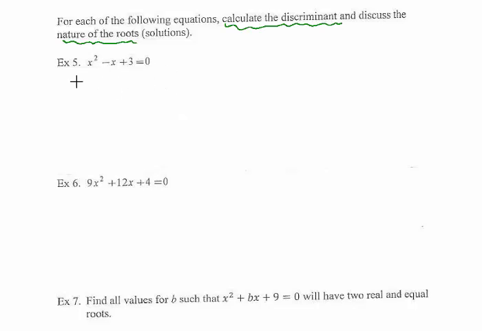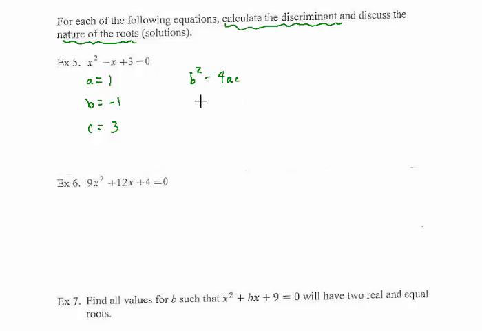So we still have to pick out our a, which in this case is 1, b is negative 1, and c is 3. And while we're reading out these coefficients, we still want our equation to be in standard form. It was already in standard form. We pick out our coefficients, and now we just focus on the discriminant, b squared minus 4ac.